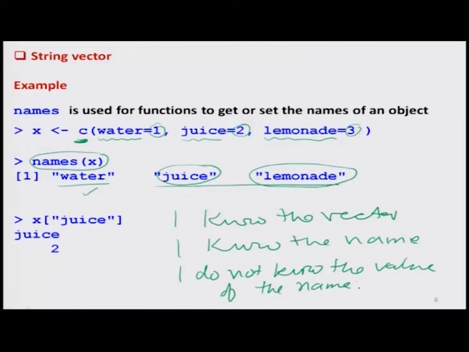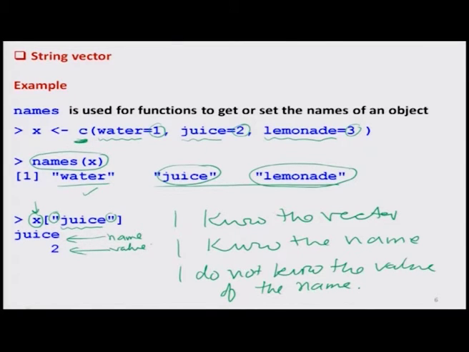Suppose I want to know the value which the name juice is taking. I write the variable name x, and since this is a name, not a number, I write the name juice inside double quotes, and as soon as you enter, it lets me know the name is juice and its value here is 2.